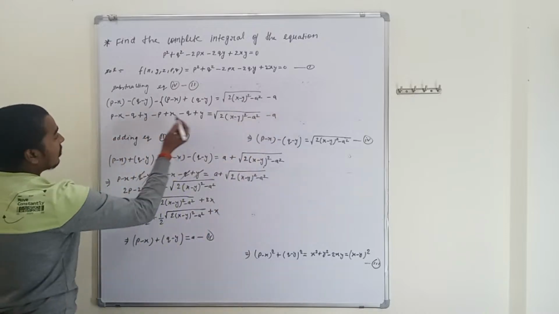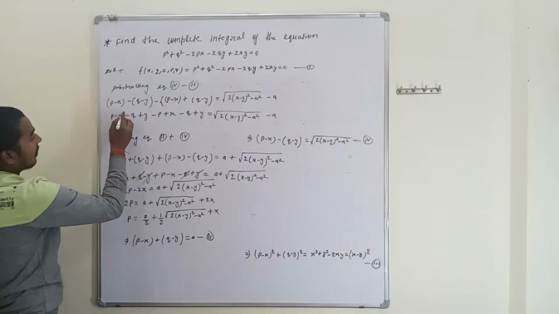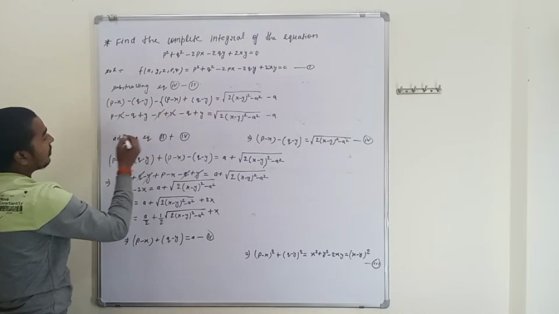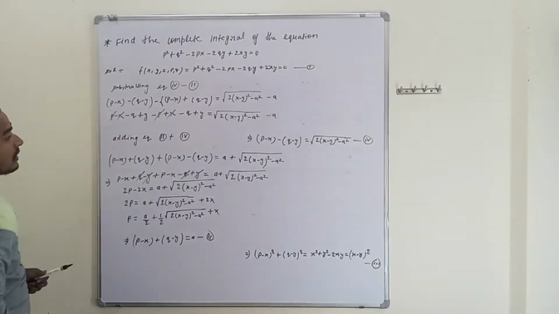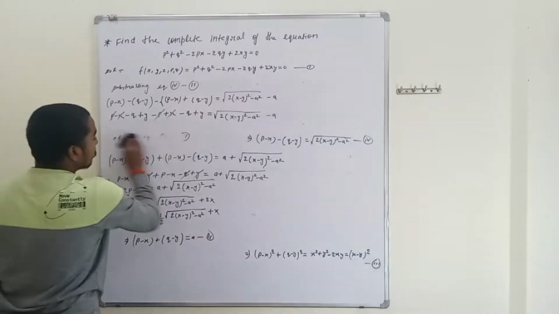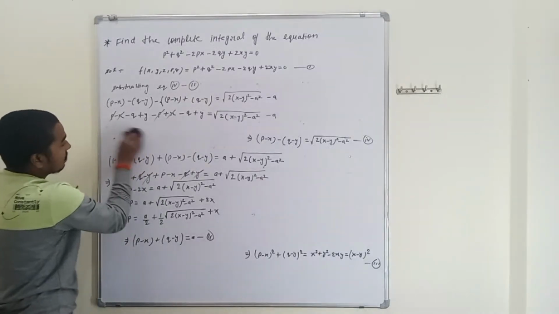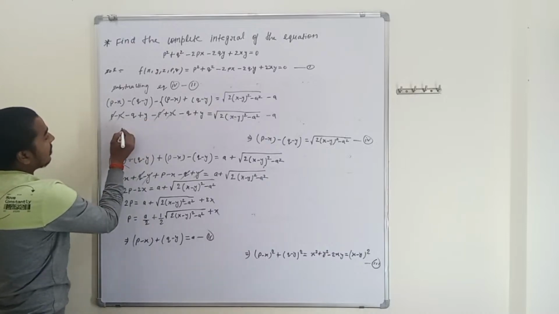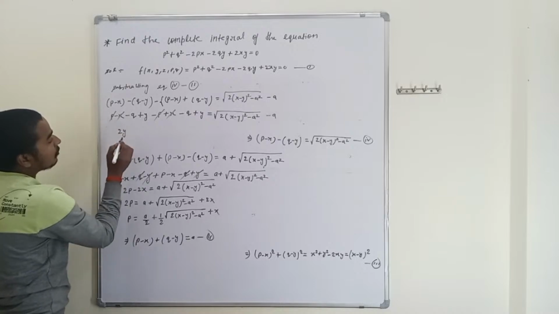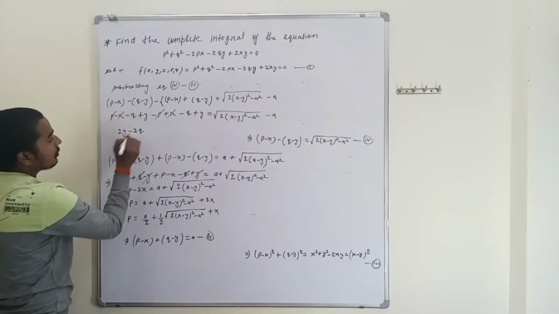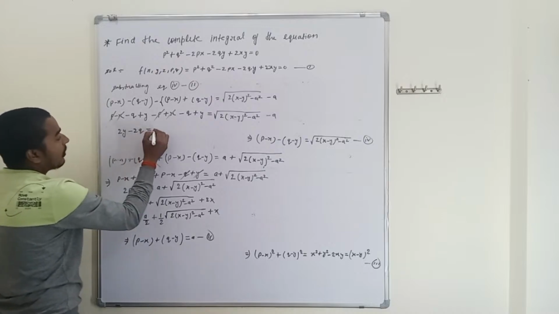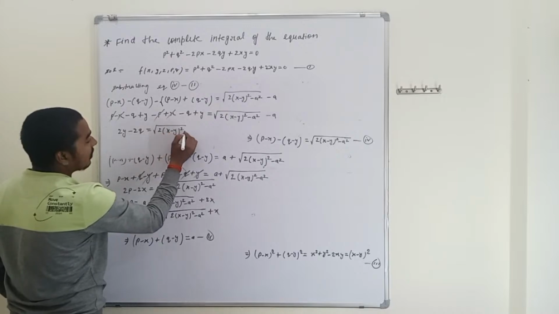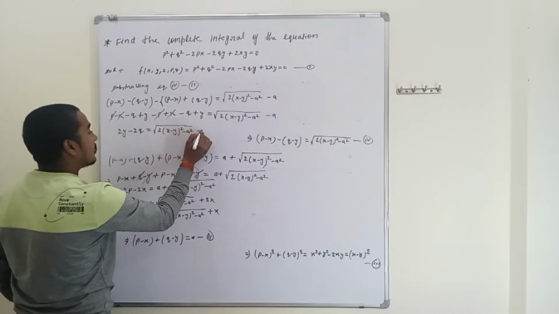From here, that is minus of x and plus of x is cancelled out, and minus of p and plus of p is cancelled out. Then the remaining is 2y minus of 2q is equal to under root of 2 times of x minus y whole square minus of a square and minus of a.